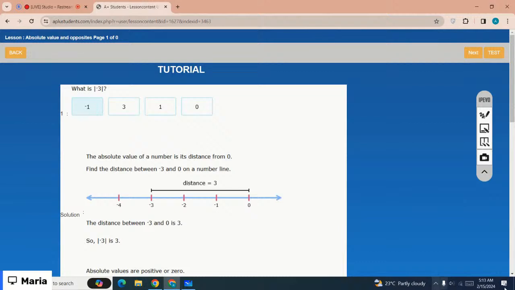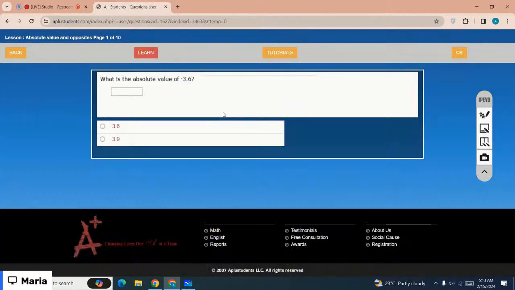Okay, let's just start with the test question. The absolute value means simply the positive values. What is the absolute value of negative 3.6? So again, that is a negative number, right? Negative 3.6 it is. So the absolute value must be a positive value, which is the correct option.